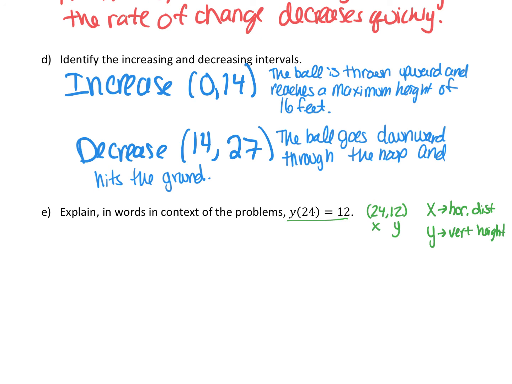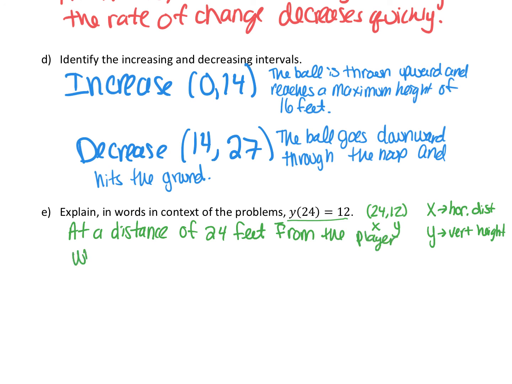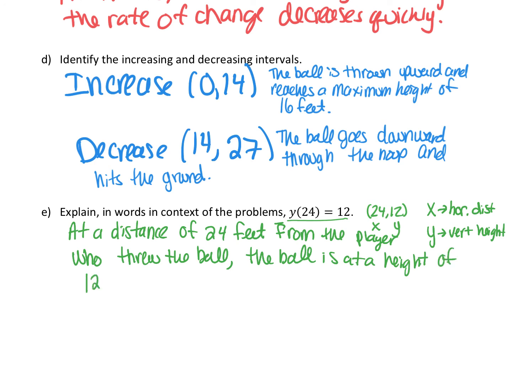So at a distance of 24 feet, because that's what our x represents, from the player who threw the ball, the ball is at a height of 12 feet above the ground.